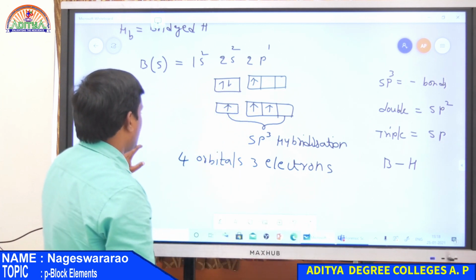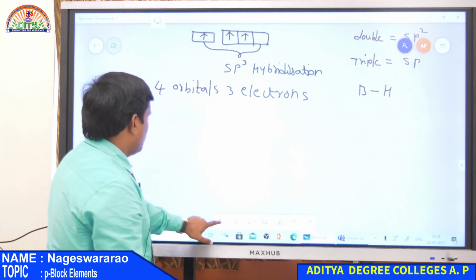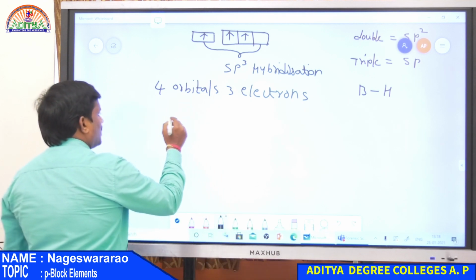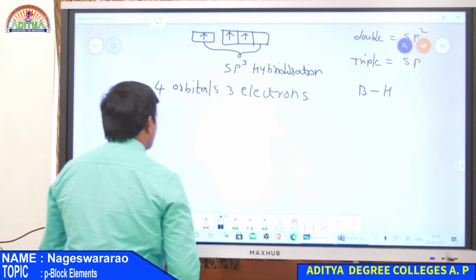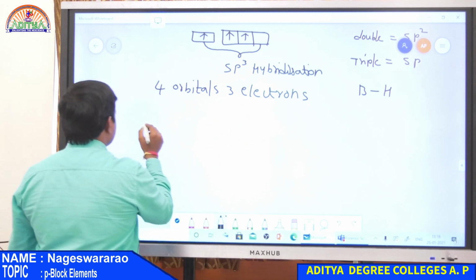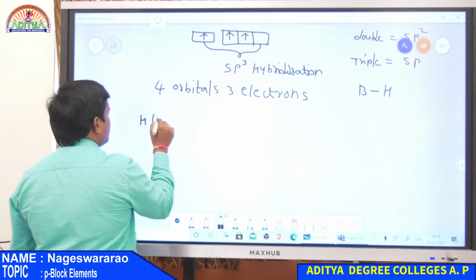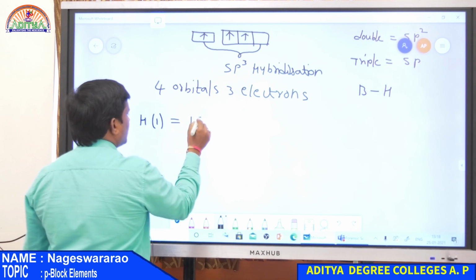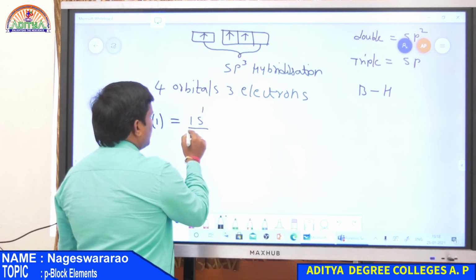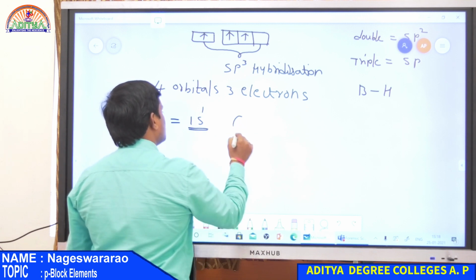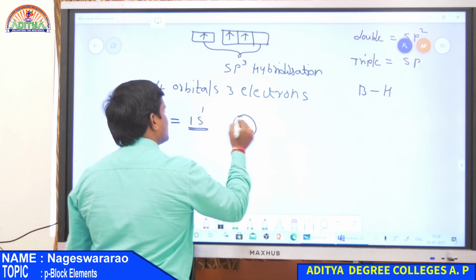Similarly, the second boron also has 4 orbitals as well as 3 electrons. Now, terminal hydrogens. Hydrogen atomic number is 1, so it has electronic configuration 1s1. So here the outer orbital configuration is 1s1, only an s orbital having a single electron.